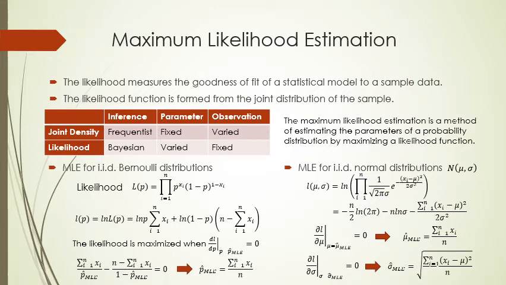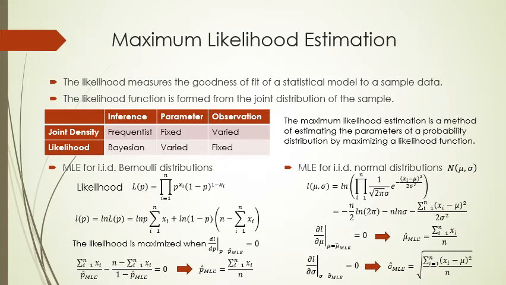Since the probability of a specific value of a continuous variable is 0, the likelihood measures the goodness of fit of the statistical model to a sample data. It is formed from the joint probability distribution of the sample as a function of the parameters. In fact, joint density and the likelihood are the same functions.